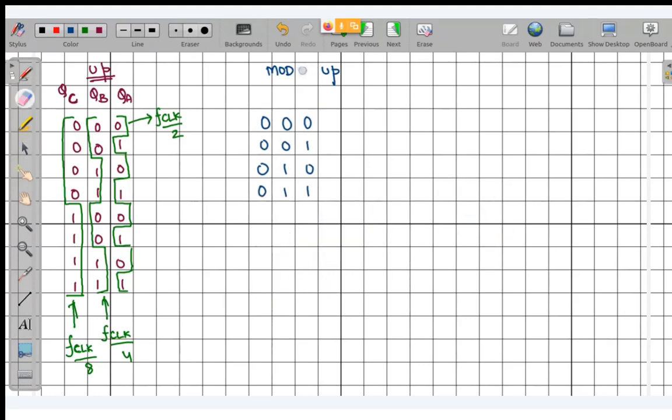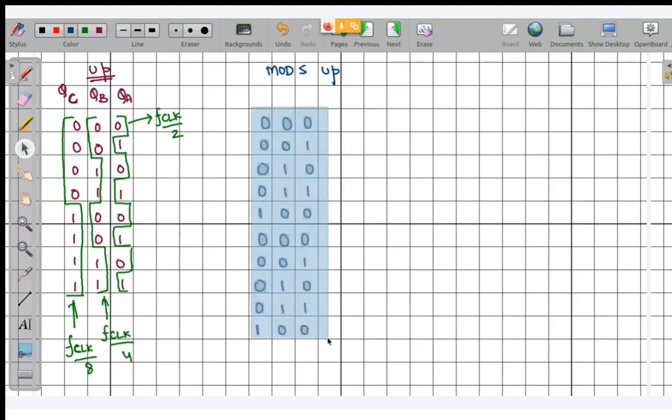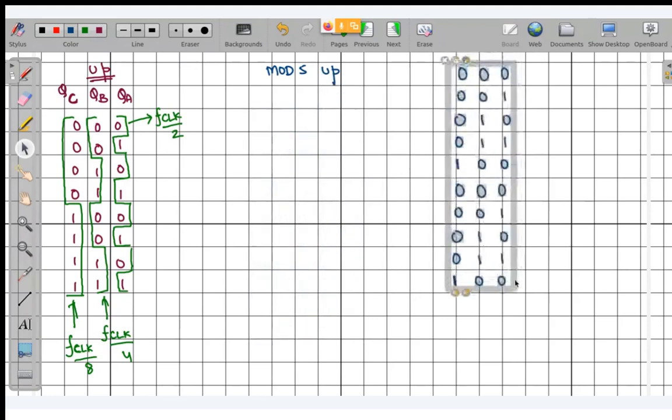So let us assume that it is mod 5. So next will be 100. This is your mod 5 up counter.